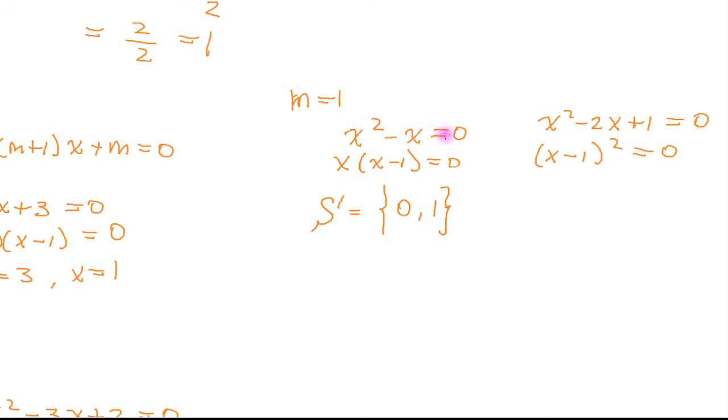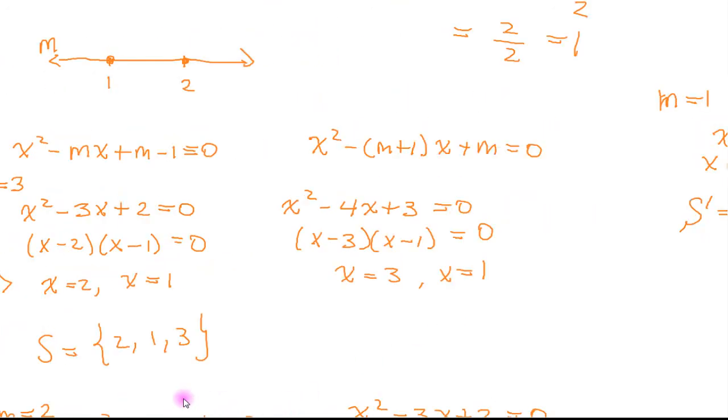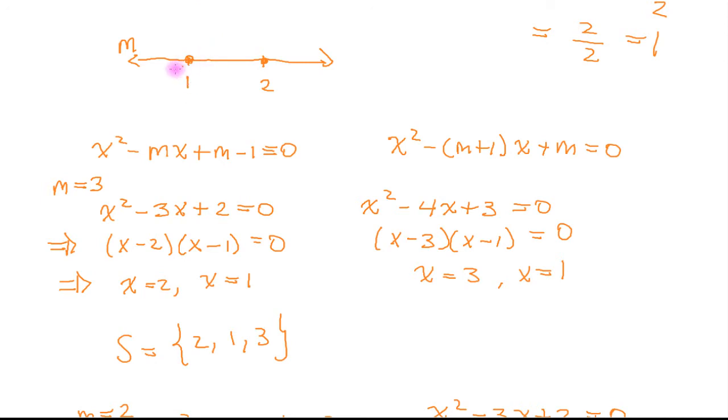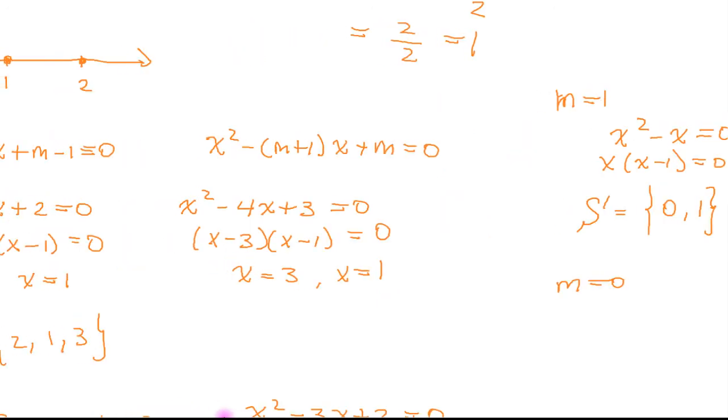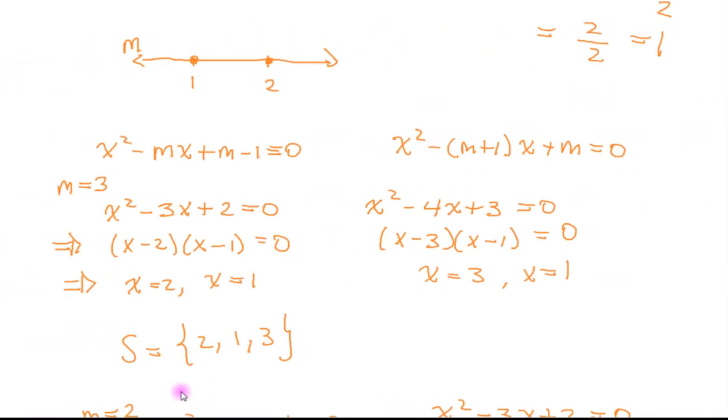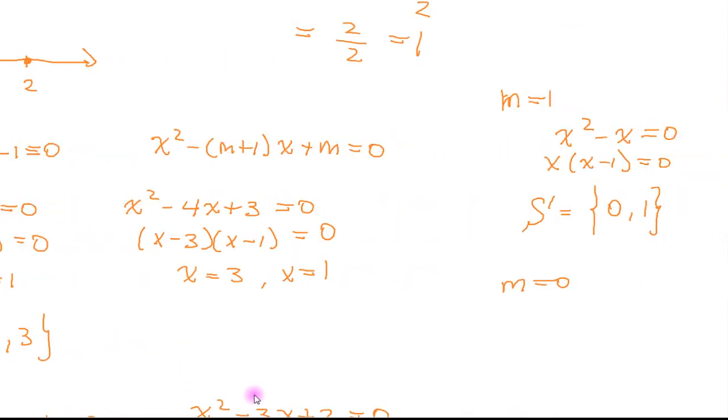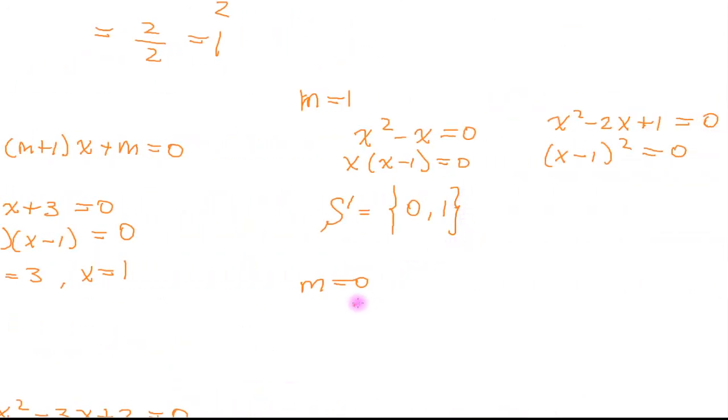So let's finish with our last values. A value smaller than 1, which is 0. And I like 0 because it's easy to work with. So m equal to 0. We have x squared minus 1 equal to 0, and the other one will be x squared minus x equal to 0.